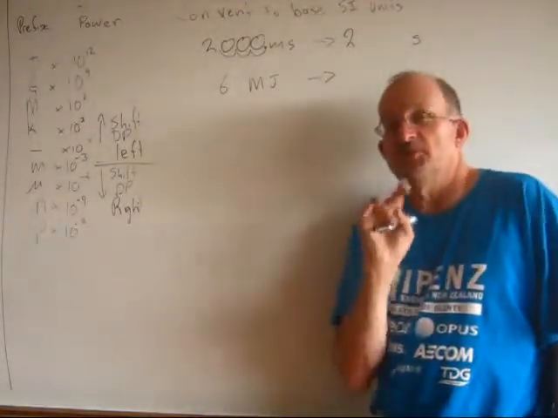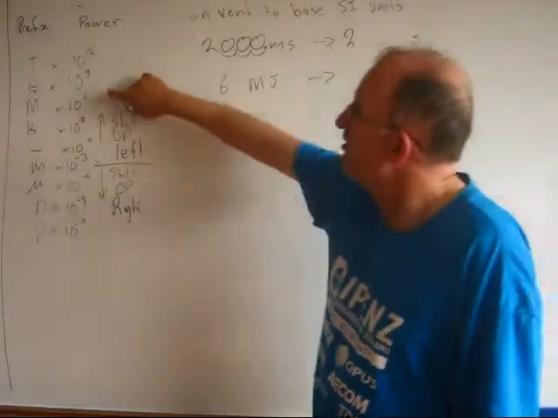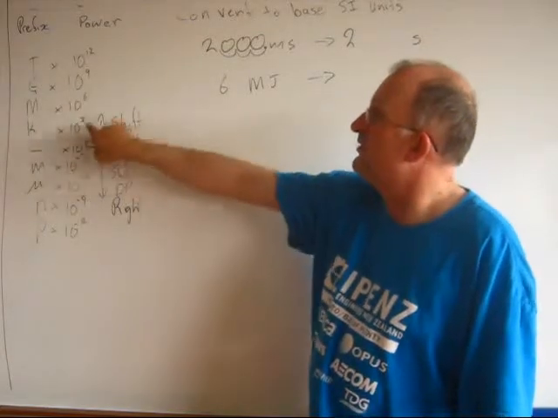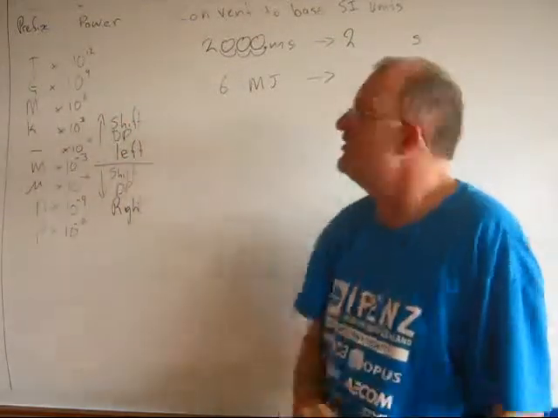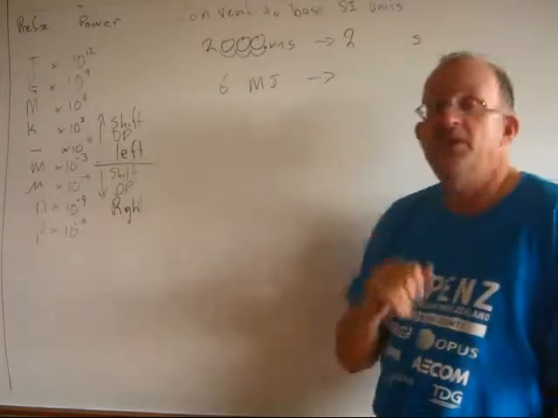It's 2 steps. Remember, step 1, how many decimal places we're going to shift it. Mega is 6, the base unit is 0. So the difference is 6 decimal places. I then have to figure out which way.